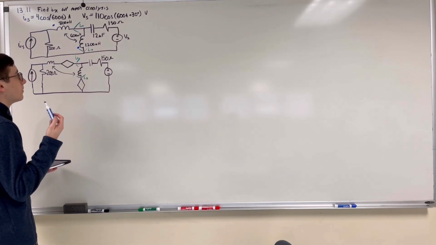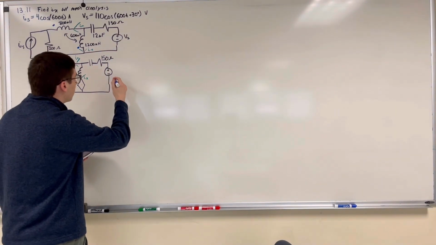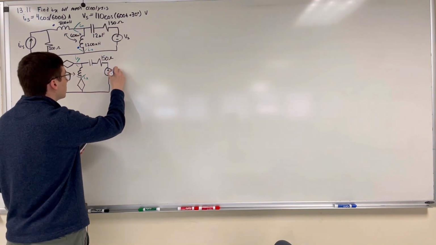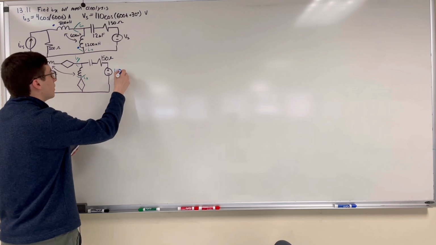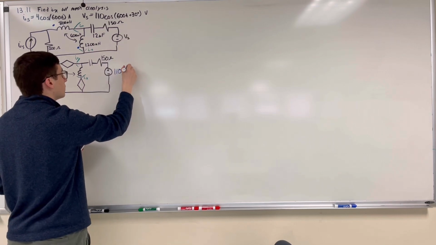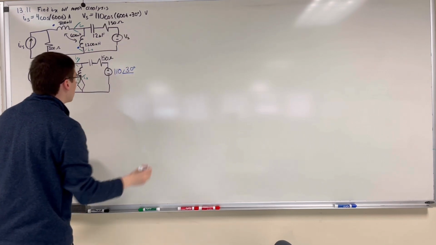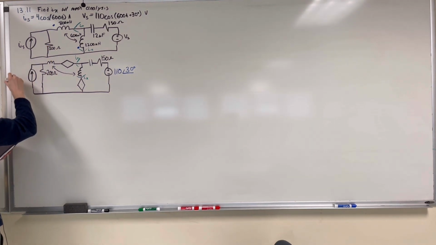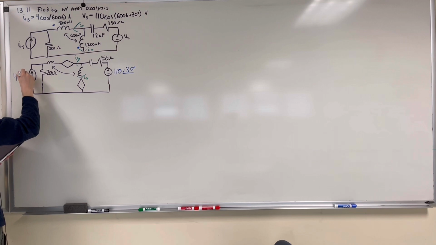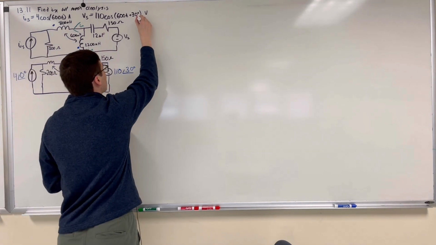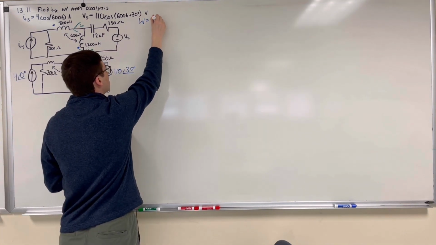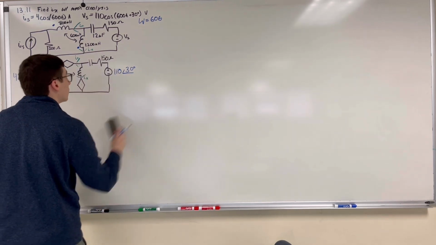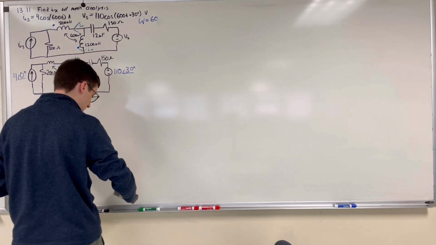So the magnitude is simply going to be the same, so it's 110, and the phase angle is just going to be 30 degrees. And now I'm going to do the current source, and its magnitude is 4, phase angle 0. And thing to remember is that omega is equal to 600, 600, not 606.